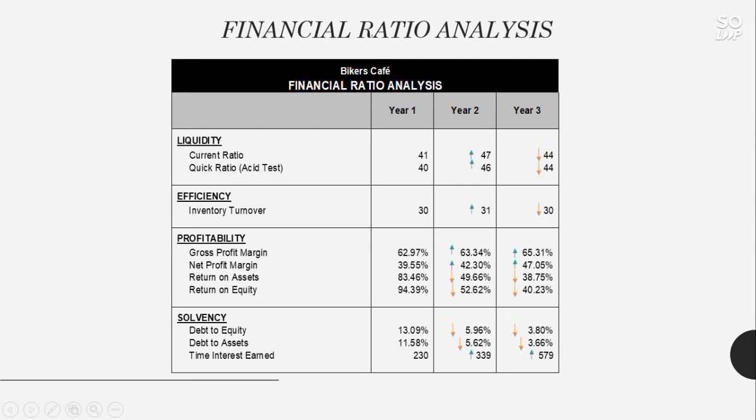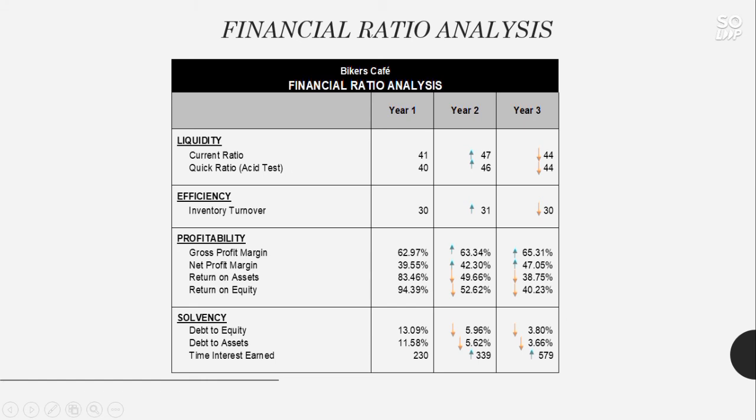For return on equity, our percentage is at 94.39% at year 1. It is going to decrease to 52.62% at year 2, and it is going to decrease to 40.23% at year 3.